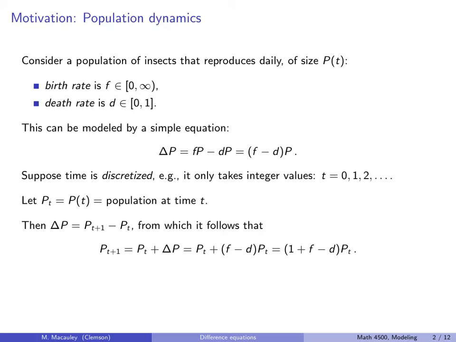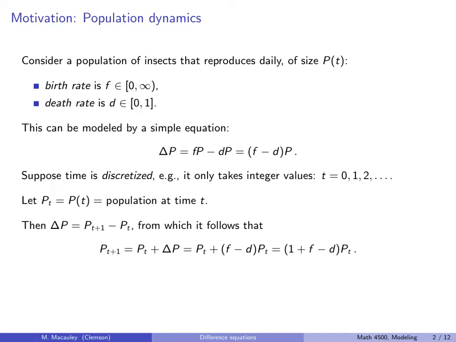And now if we take this value up here and we plug it in for delta p, this expression becomes p sub t plus f minus d times p sub t. And we can combine that and write that as 1 plus f minus d times p sub t.